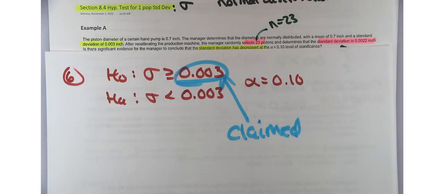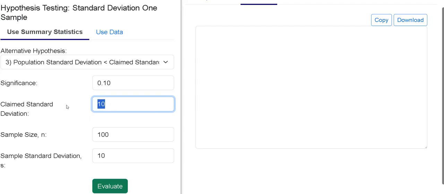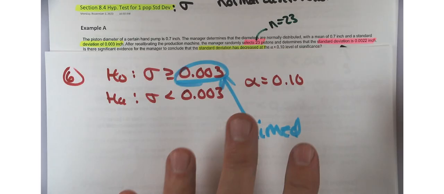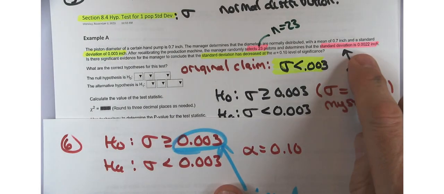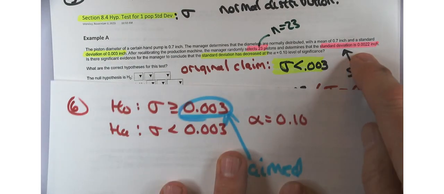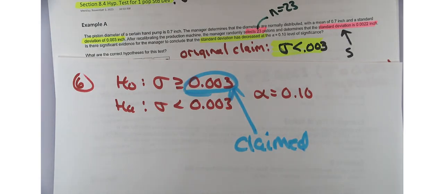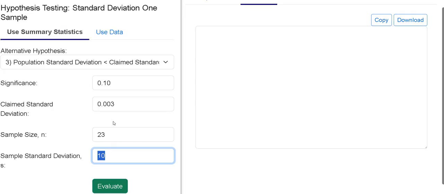So 0.003. Our sample size was 23. And our sample standard deviation, well, we did write that down, or take note of it. That was 0.0022. And bam.